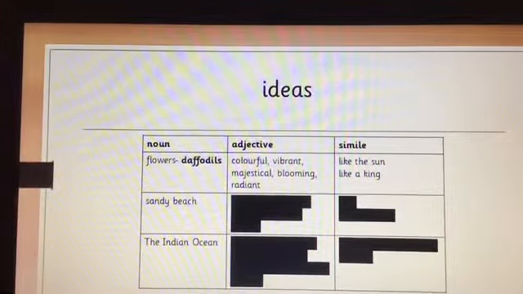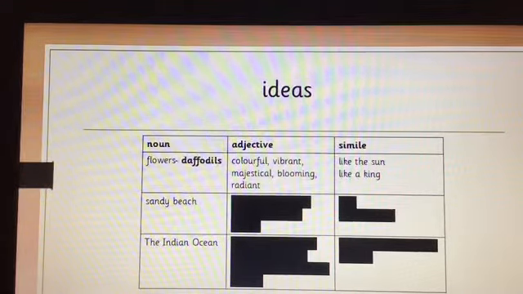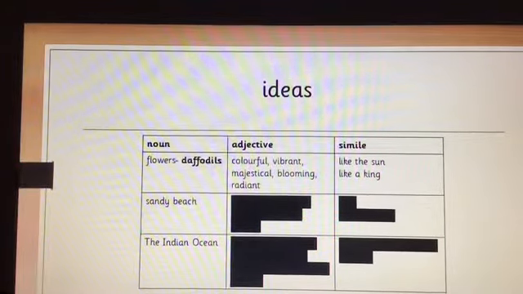Okay, the next noun we're going to look at is the noun beach. And I've just added the word sandy in front of it because it is a type of beach that you can have as opposed to, for example, a pebbly beach. So I do think the word sandy does help us define a little bit more about what we're talking about. Can you think of any ideas about how we could describe a sandy beach and what similes we could use for it?